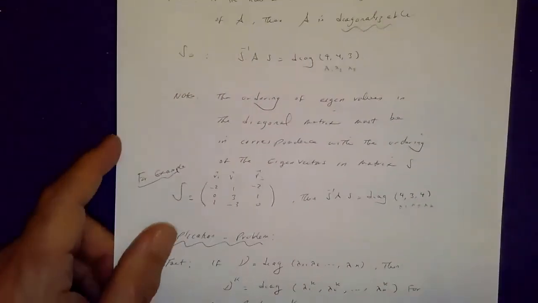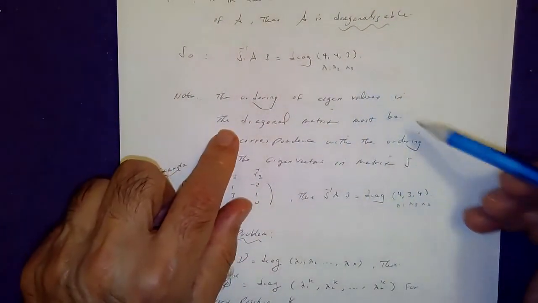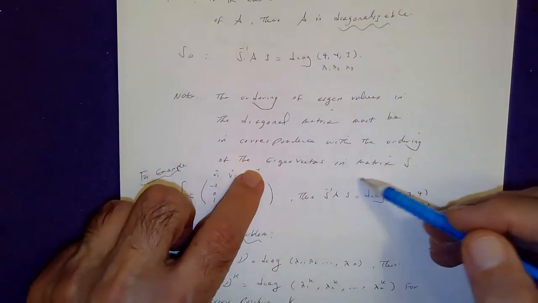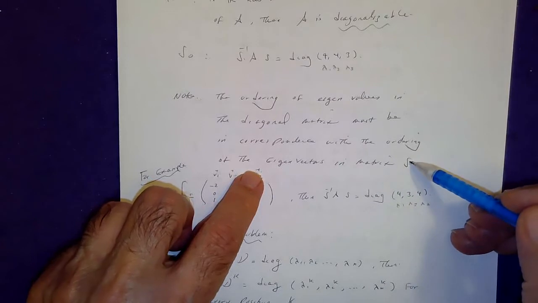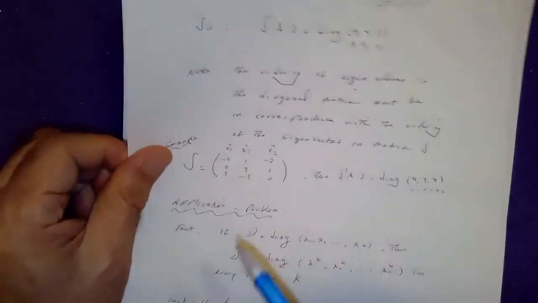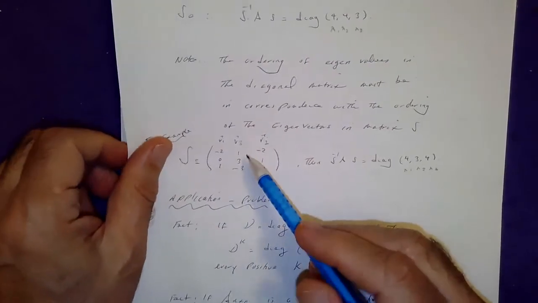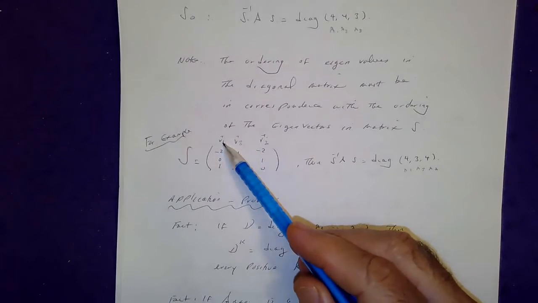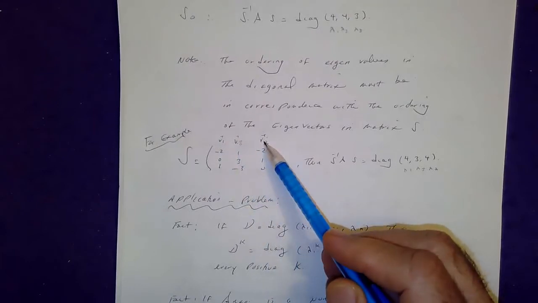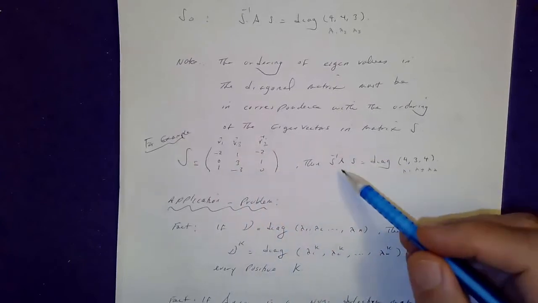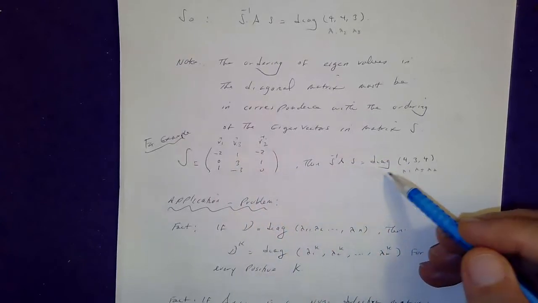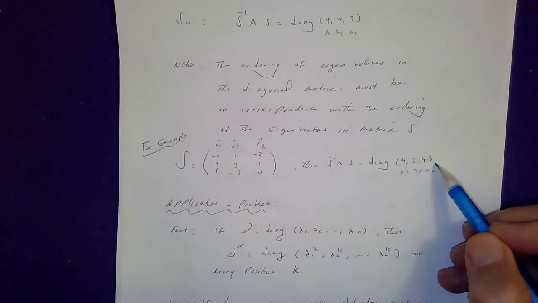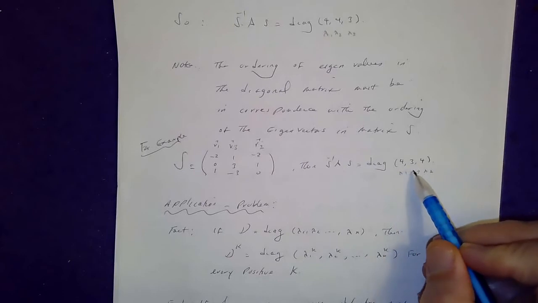So what does that mean? That means the ordering of eigenvalues in the diagonal matrix must correspond with the ordering of the eigenvectors in matrix S. Suppose instead of listing the linearly independent eigenvectors for A as V1, V2, V3, you decided to list them as V1, V3, V2. Therefore, S inverse times A times S is a diagonal matrix, and notice the order matters here.